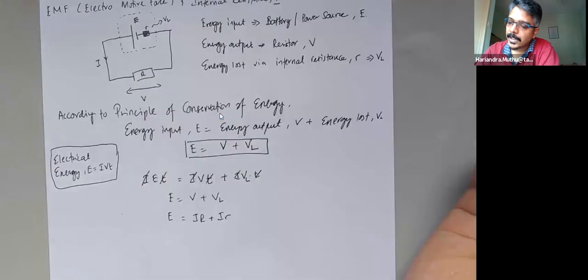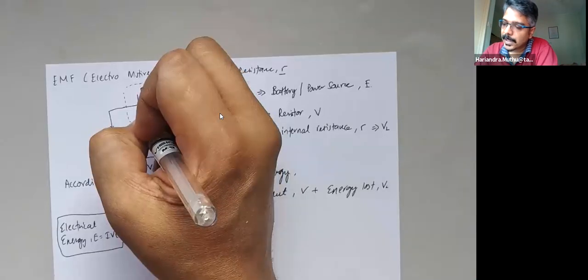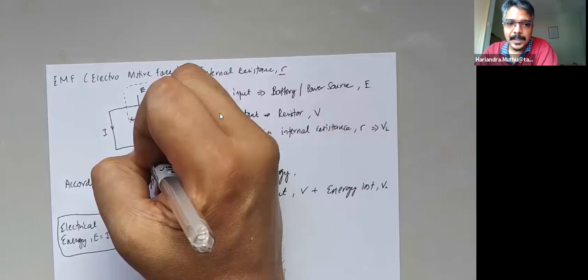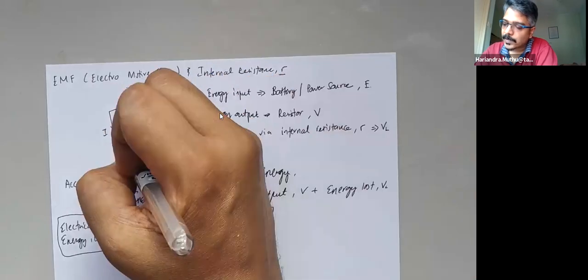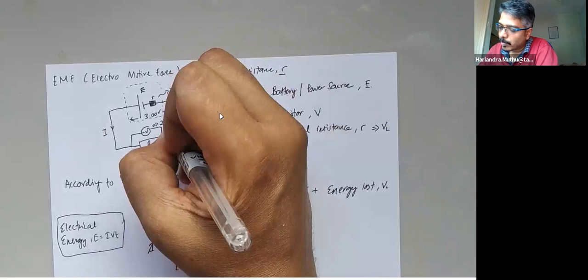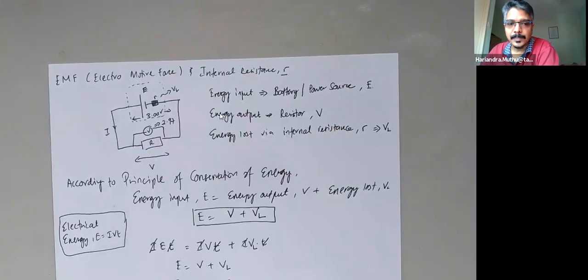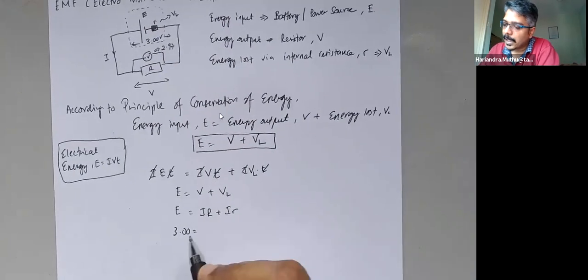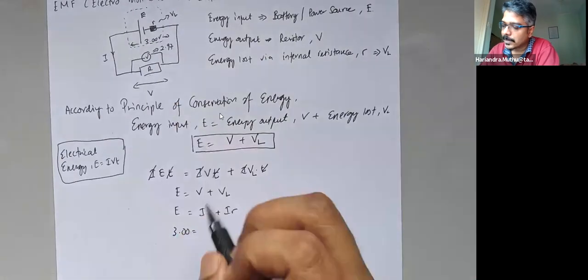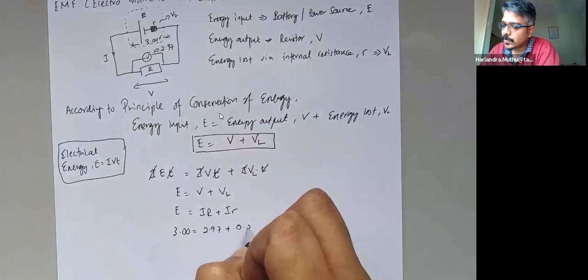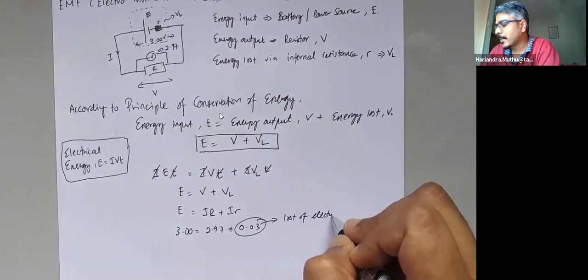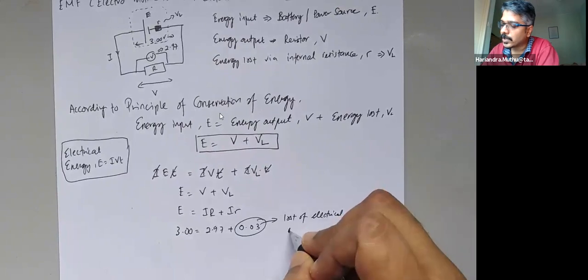For example, if the EMF is 3.00 volts, and you have a voltmeter across the resistor giving a reading of 2.97 volts, then 3.00 is the EMF of the battery, and IR is the voltage across the resistance R, which is 2.97, plus 0.03 which is the loss of electrical power, or electrical energy.